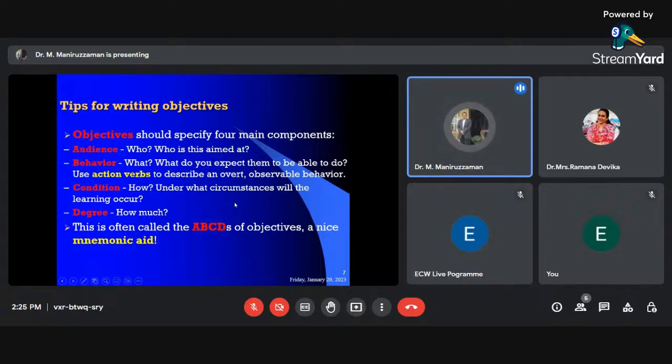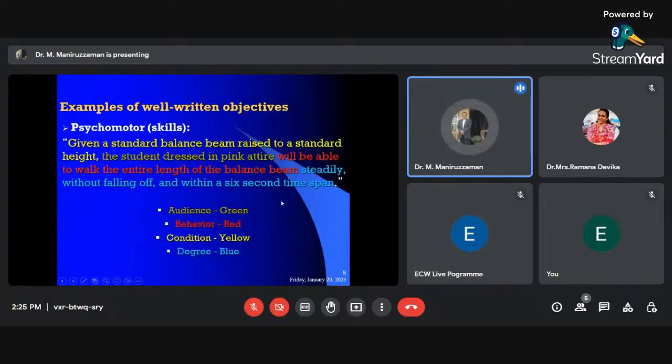I've written some example objectives. Number one, I have shown a psychomotor objective. Here is all the four components, A, B, C, D. Let's go through it, read it. Given a standard balance beam raised to a standard height, it's the condition.